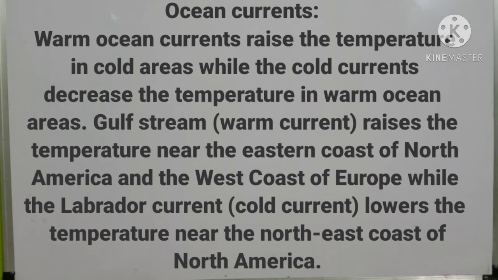So we can say warm ocean currents increase the temperature in cold areas, while cold currents decrease the temperature in warm areas. For example, the Gulf Stream, a warm current, increases the temperature of the eastern coast of North America and the west coast of Europe. And the oceanic currents also create favorable conditions for fisheries.